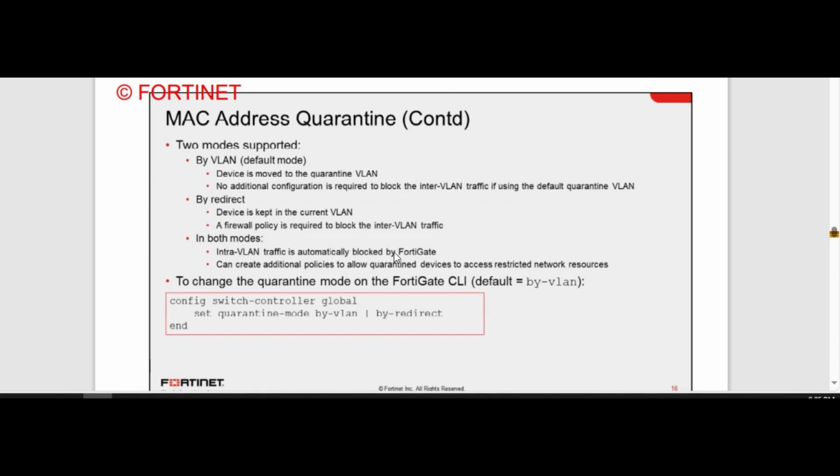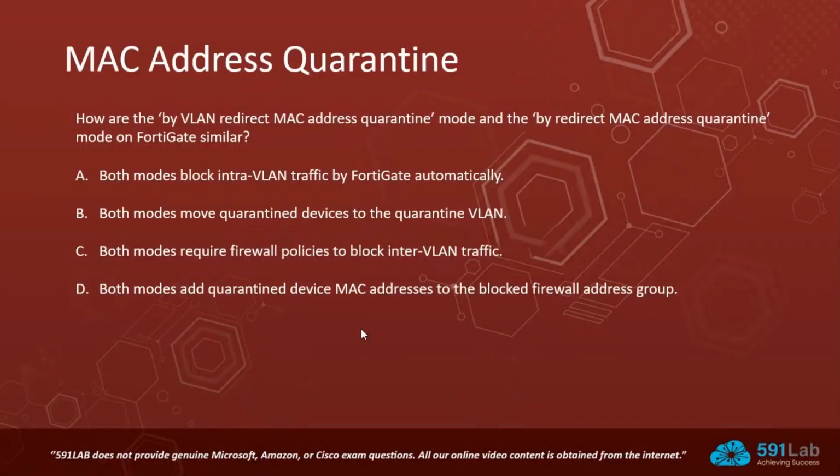Also note that communication between the quarantine devices and the FortiGate is allowed. You can use the CLI commands on this slide to change the MAC address quarantine mode on the FortiGate.